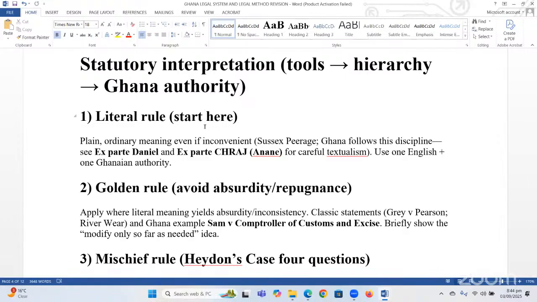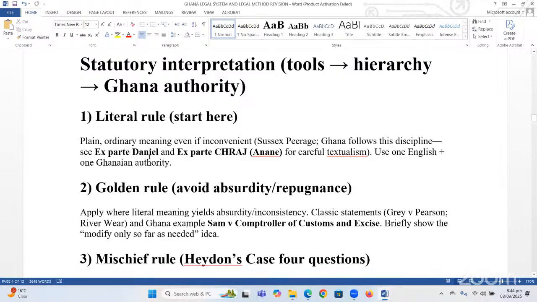When it comes to statutory interpretation, of course, the whole course we will do later on, but at the LLB level, when it's taught as part of Ghana legal system and legal method, we are reminded that where there's a need for statutory interpretation, that is because there's ambiguity, because the provision is capable of bearing more meanings or rival meanings. Then we need to be guided by certain rules.